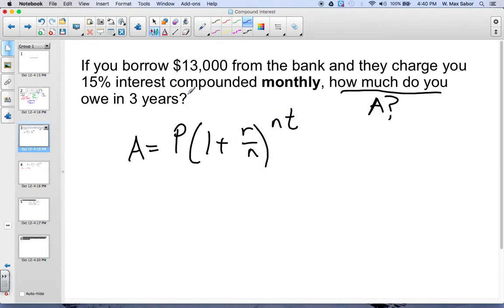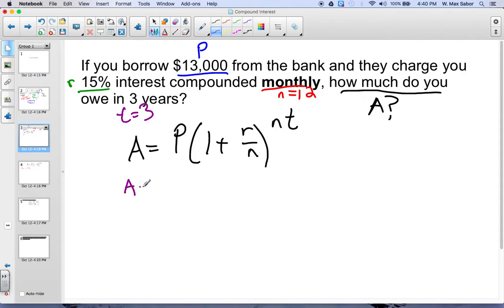We start by borrowing that amount, so this is P. We are charged 15% interest, so that's our interest rate. Compounded monthly, n is going to be 12, because it's happening 12 times a year. And t is going to be 3 years.